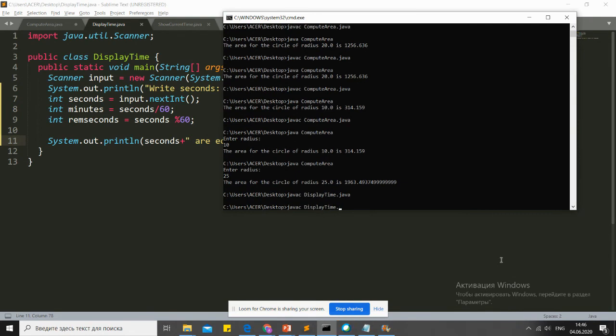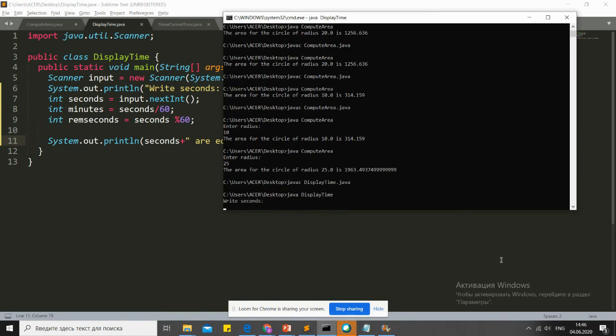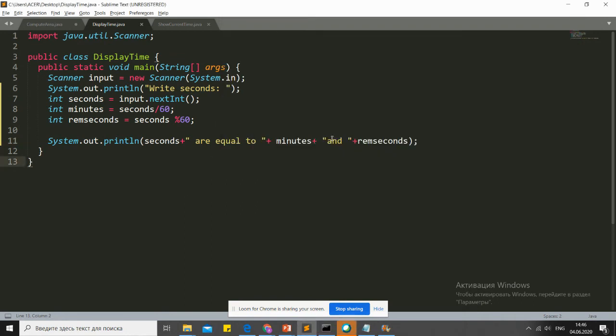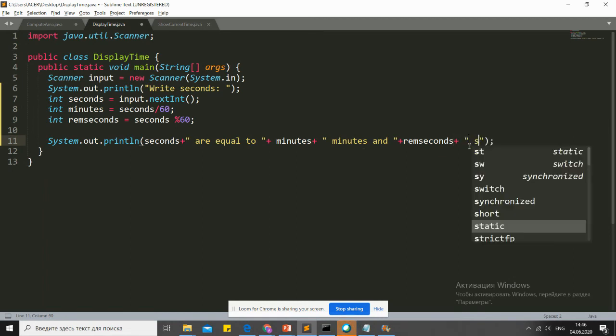If we run our program and write seconds, for example, 250, it will say 250 seconds is equal to 4 minutes and 10 seconds.